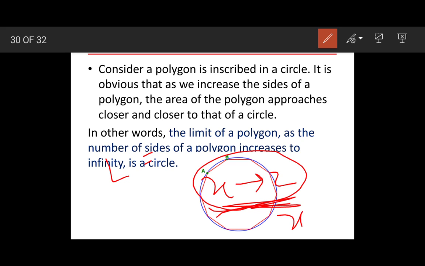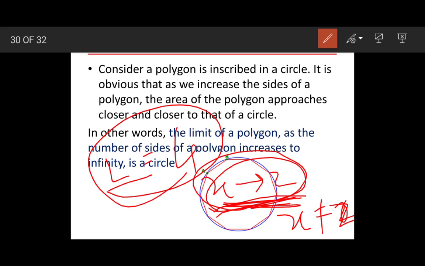X tends to 2 means x is not 2, but x is close to 2. So when we substitute x as 2, we get the limit value as 4, right? So the function is close to 4 but not exactly 4. That is the difference between limit and function.